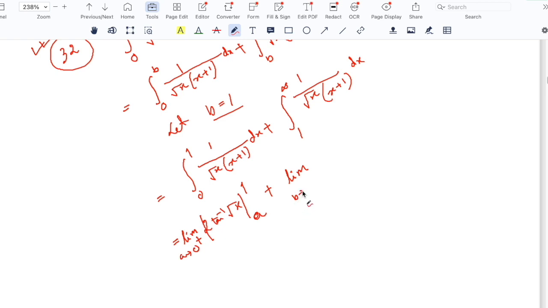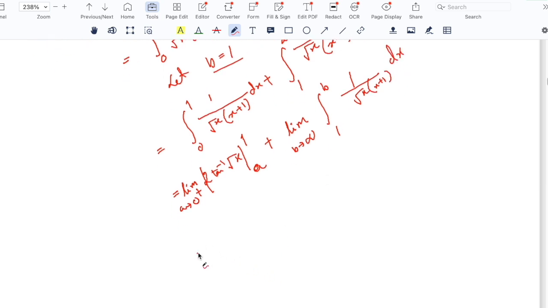the integral from 1 to b of 1 by root x into x plus 1 dx. And this equals, if I now put the upper limit, 2 tan inverse 1, limit a tends to 0 plus.